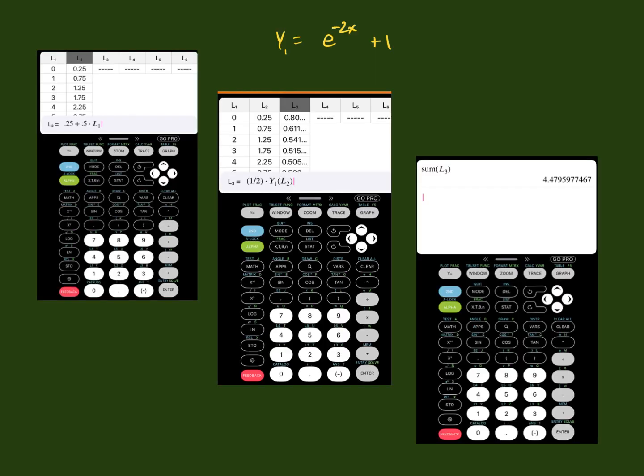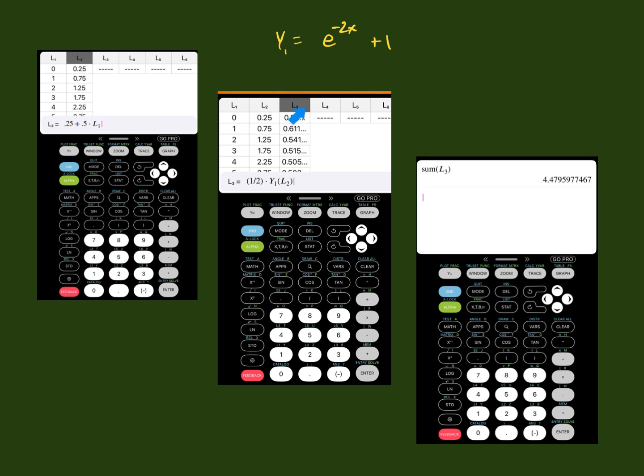If you thought that was too conceptually difficult algebraically, then you could use the list feature under the stat button. When you hit stat edit, you could enter the list 1 values of 0 through 7, which would be our 8 rectangles. And then you could enter 0.25 plus 1/2 of this number, which gives you all those midpoint values for each of the 8 subintervals.